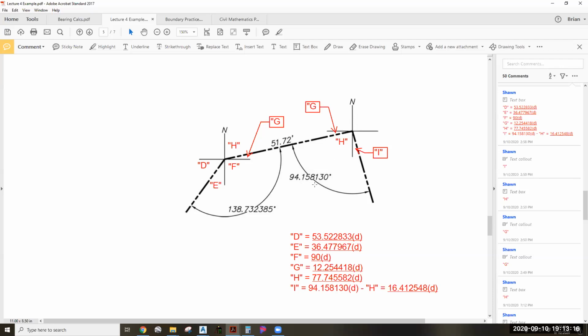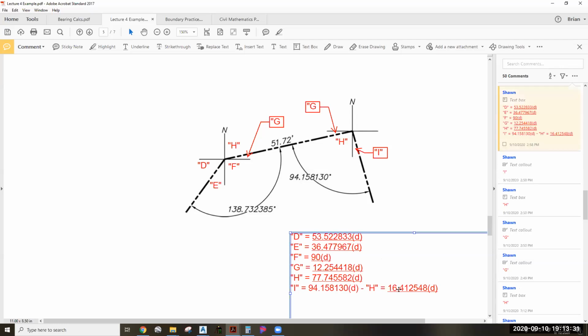So I have a full angle of 94 and some change from the dark line to the dark line. Okay. So 94 and some change minus H equals I, which is 16.4, so forth and so on.